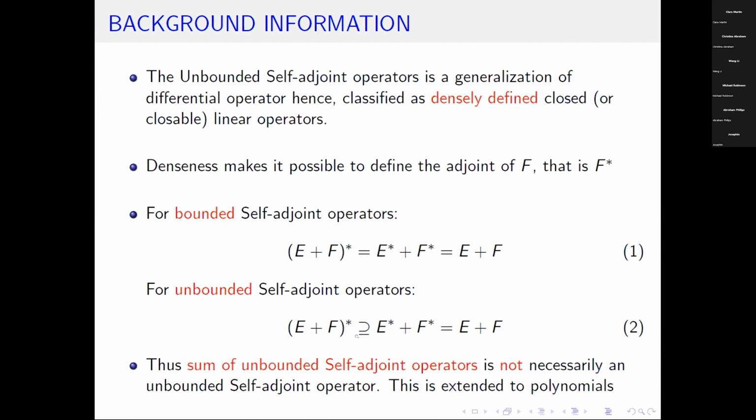And that's why it becomes very difficult for one to define the polynomial of operators being self-adjoint. You want the polynomial to be self-adjoint so that the sum of the terms are self-adjoint. And now because of this equation 2, there is that hindrance when it comes to unbounded self-adjoint operators. And that was the problem, that was the gap.